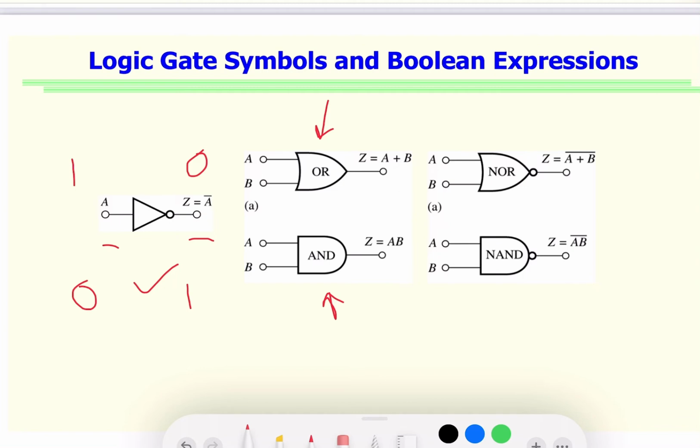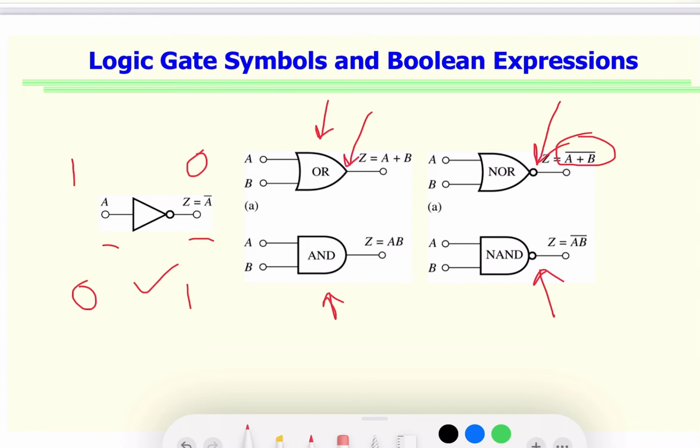So with these we provide logical operations on the inputs and produce a single logical output. Now if we place an inverter at the output, we get the inverted output of what a regular, good old OR would do, or good old AND would do.